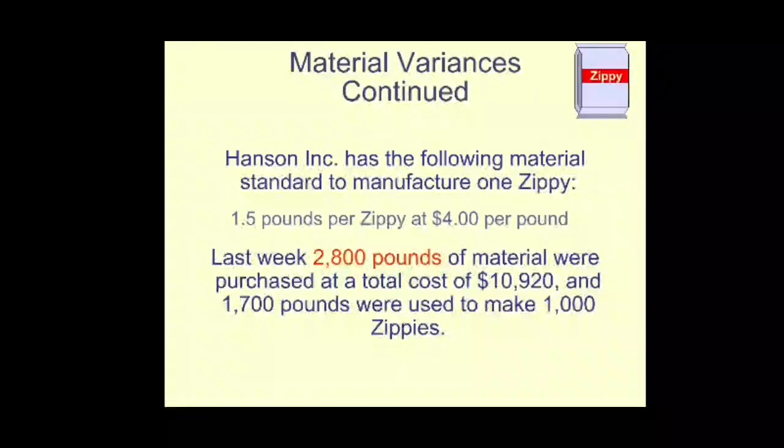So see, there are two actual data here. One is the actual quantity of material purchased by the business, and the second is the actual quantity of material used by the business.